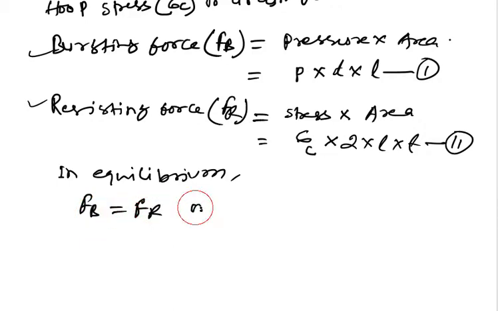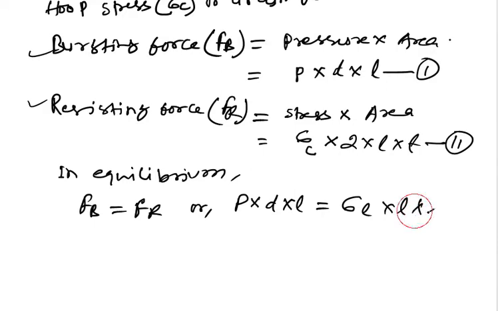From equation number 1 and 2, we get the value of FB is equal to P into D into L, which is equal to sigma C into 2 into L into T, and this L and L will be cancelled.